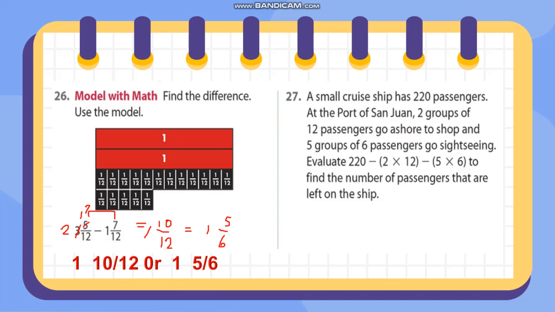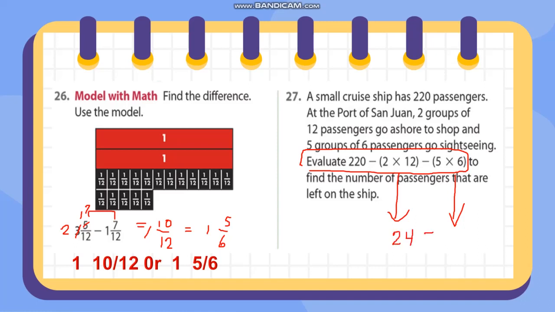Based on the given, if you evaluate this following the PEMDAS rule, of course we need to evaluate first what's inside the parentheses. So we have 2 parentheses given. So 2 multiplied by 12 is equivalent to 24.